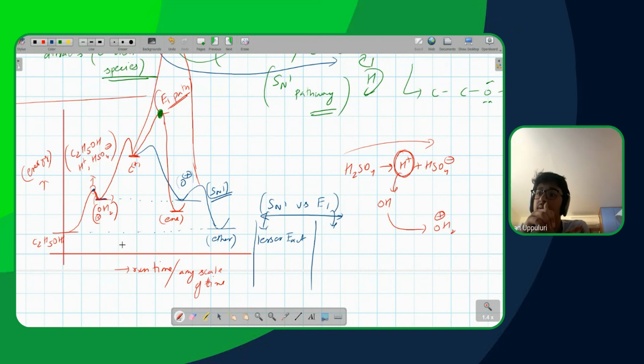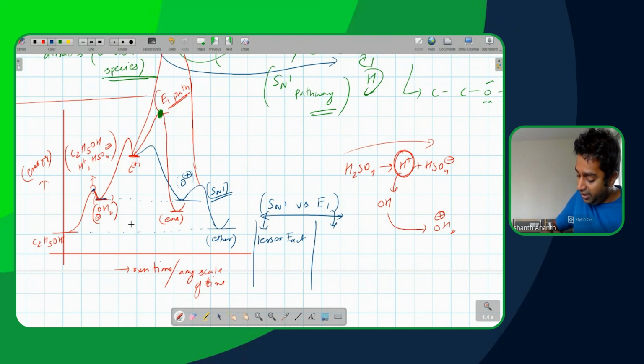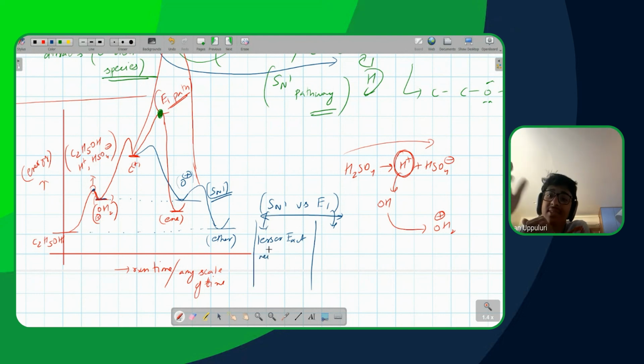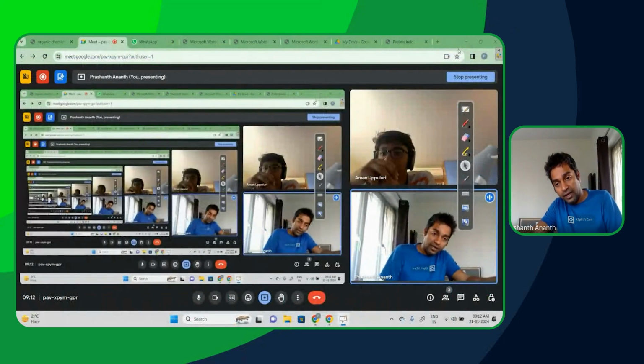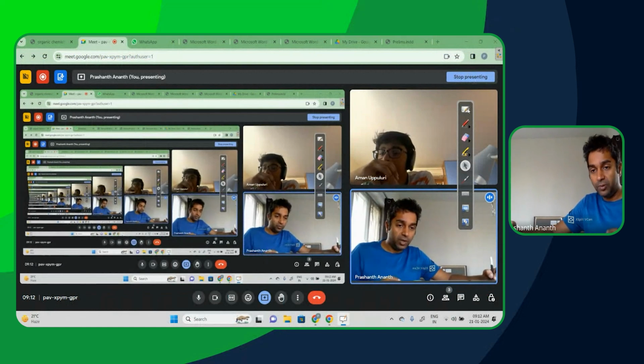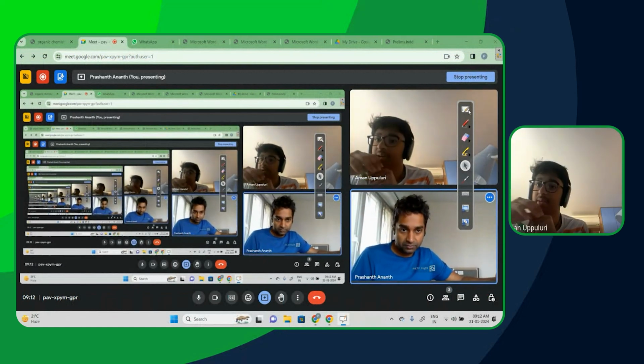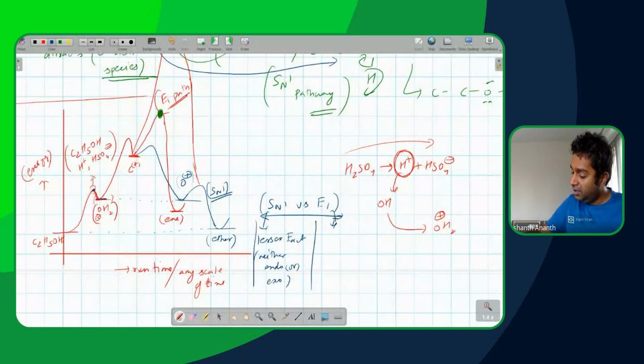It will be nearly neither. Not perfectly neither, but close to being neither. Why? Because they are at similar energy levels. Whereas E1, on the other hand, is going to be endothermic.